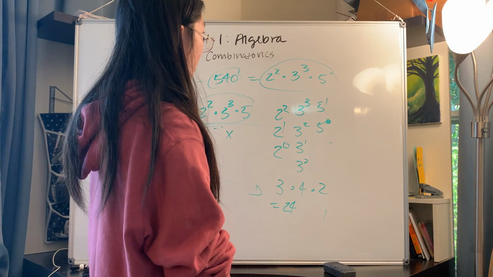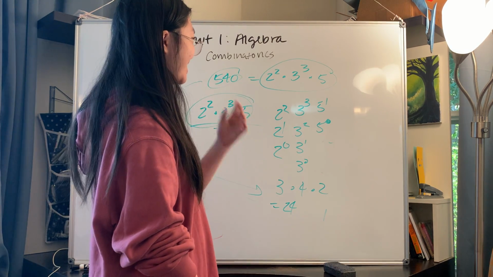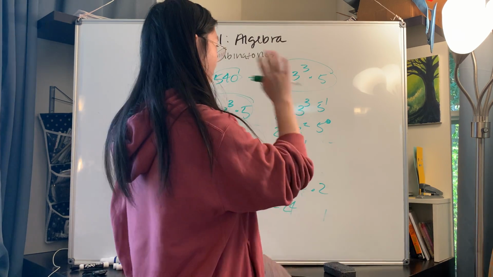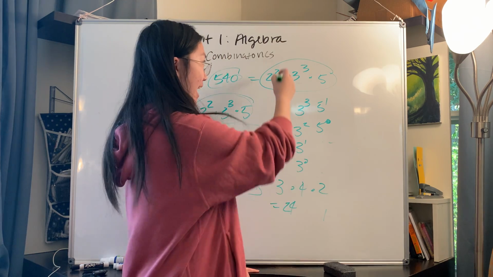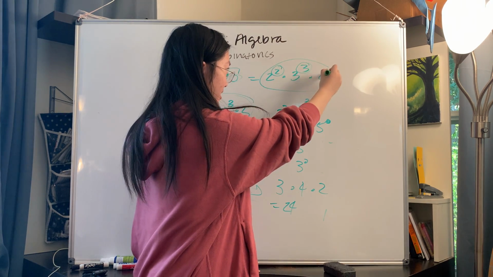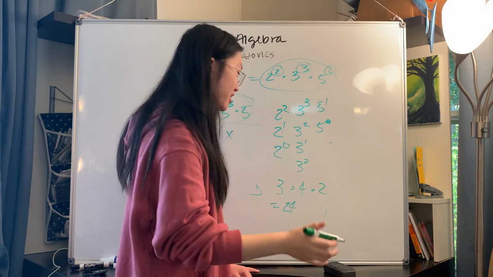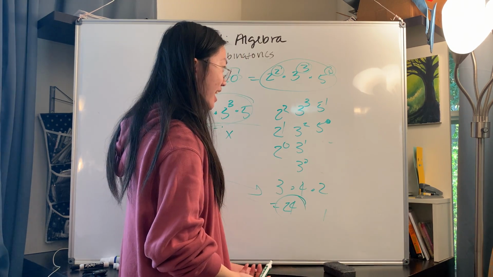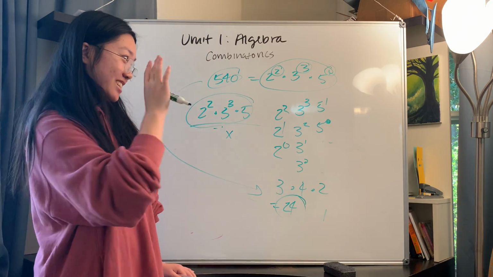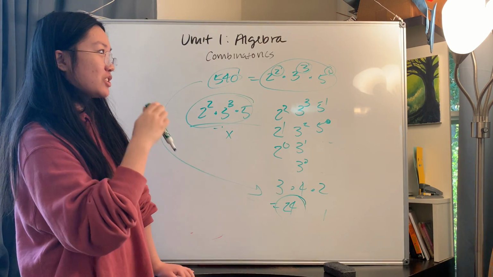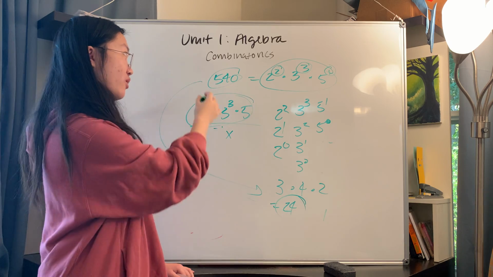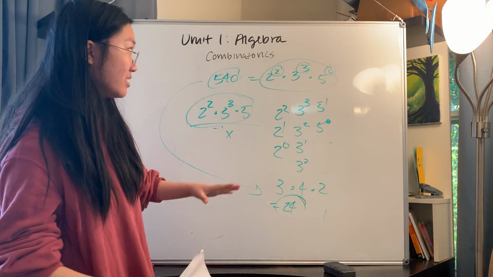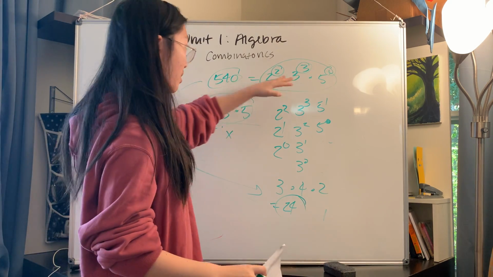So what does this mean? Well, basically you just completely prime factorize it, then add 1 to each of the exponents and multiply those together to find the number of factors, the number of divisors. And I really want you guys to understand why this works, because when you break everything down, this is all that 540 is composed of.